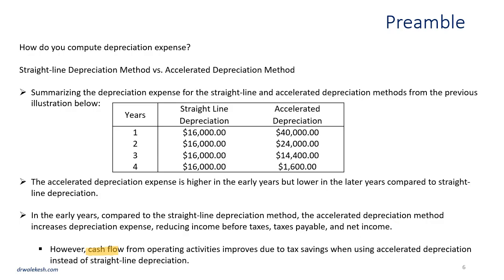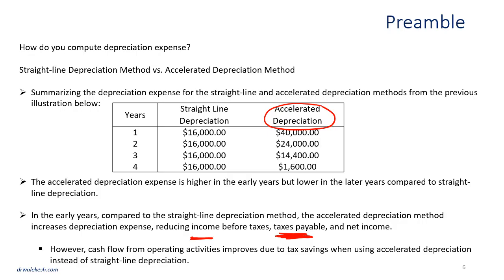From a cash flow perspective, to be more specific, cash flow from operating activities, when using accelerated depreciation, improves due to tax savings. The major reason is because the company using accelerated depreciation would pay lower taxes. The tax authority will only tax you if you make income. If you make losses, the tax authority will obviously not tax you.